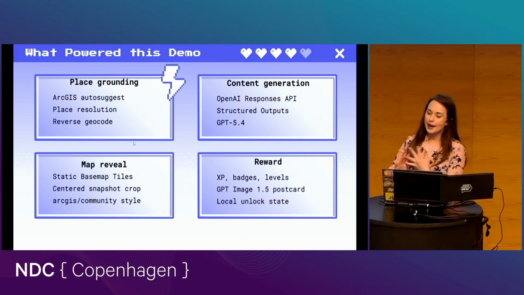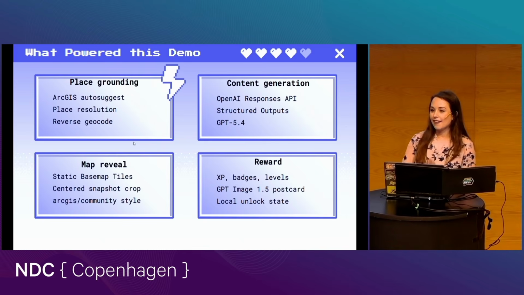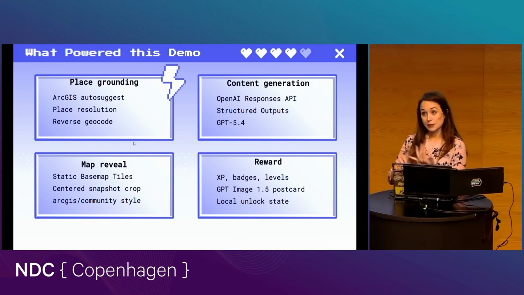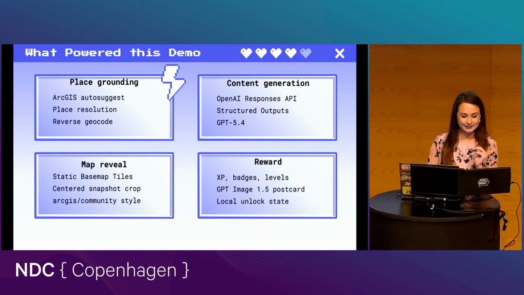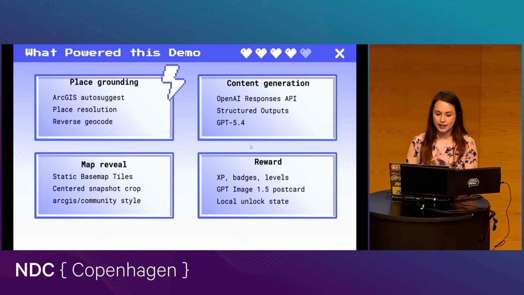We had XP, we had badges, we had levels, we had the fun postcard. So all sorts of things that we incorporated there to make the experience more interesting, more specific to the user's choice, and memorable. All right, so lots of different pieces in a tiny little app.